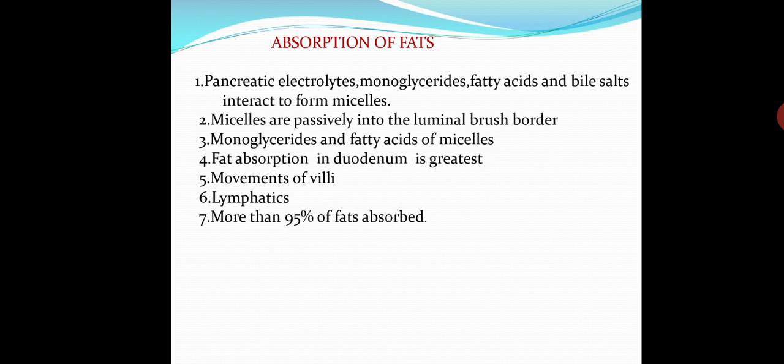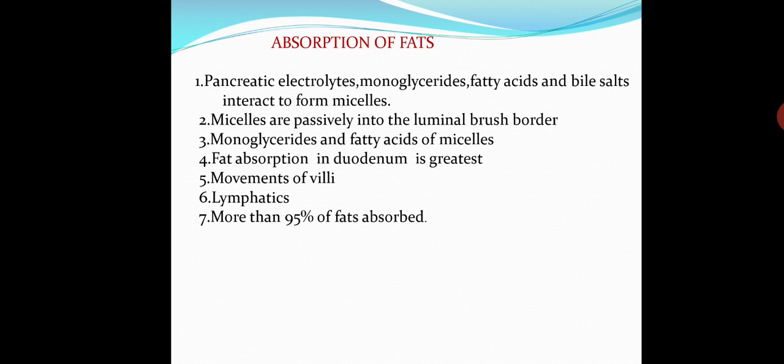Non-absorbable plant sterols, such as those found in soya beans, reduce the absorption of cholesterol by combining with cholesterol for esterification with fatty acids. On a moderate fat intake, more than 95% of the ingested fat is absorbed. Only 5 to 6% is excreted in stools.